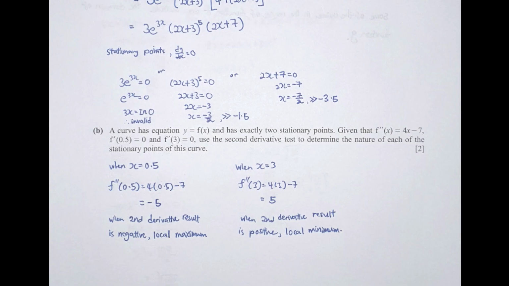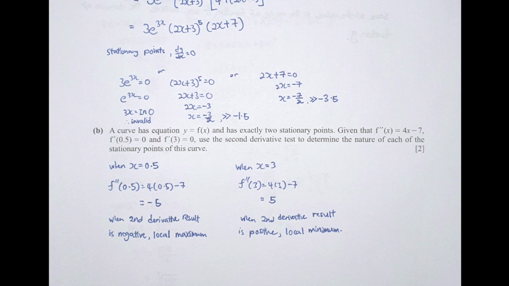So for part B, it wasn't linked to the previous question. Please take note of this. So d2y/dx2 of function f will be 4x minus 7. And the x values where dy/dx of function f is 0 are 0.5 and 3. When I substitute 0.5 into the d2y/dx2, I will get negative 5. And when I substitute 3 into the d2y/dx2 of function f, you'll be getting 5.